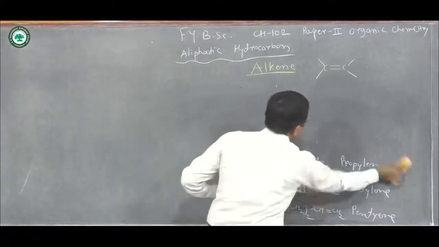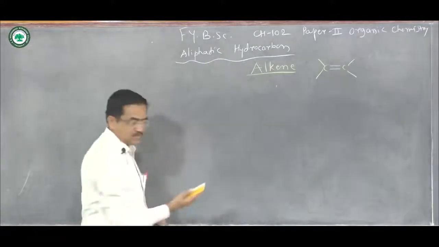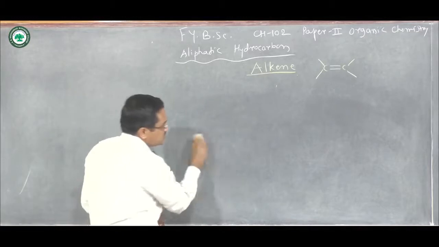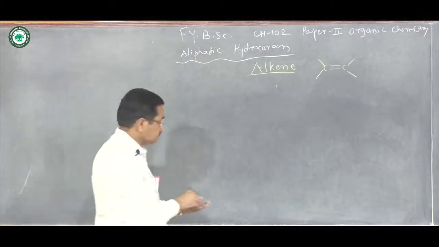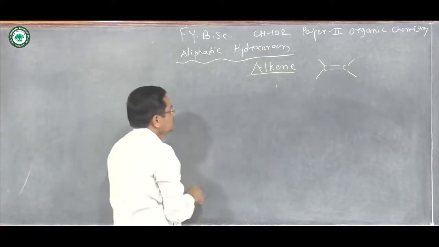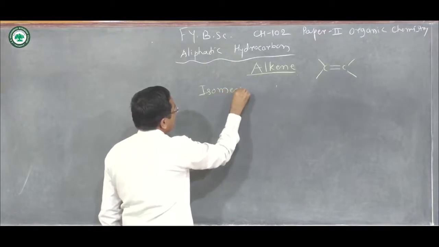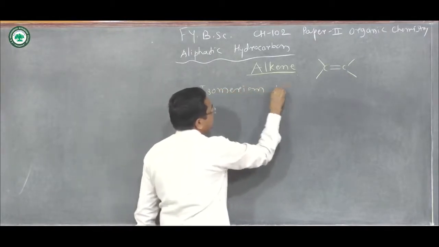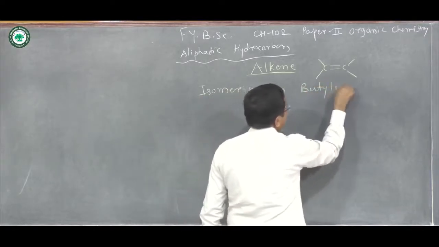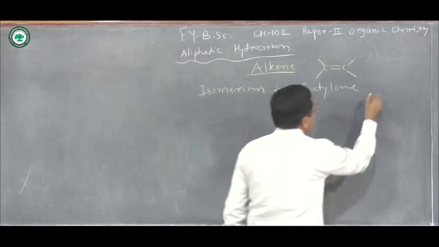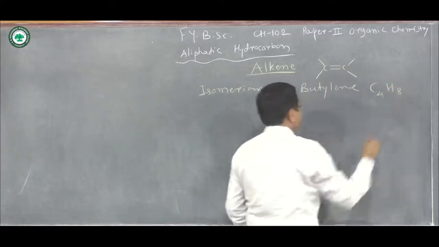isomerism. Next point is isomerism. So isomerism in butylene compound, where formula is C4H8.